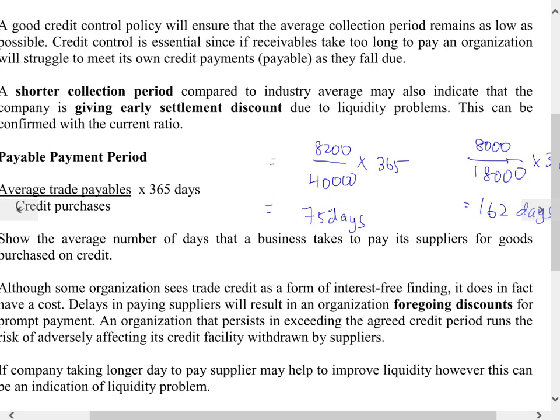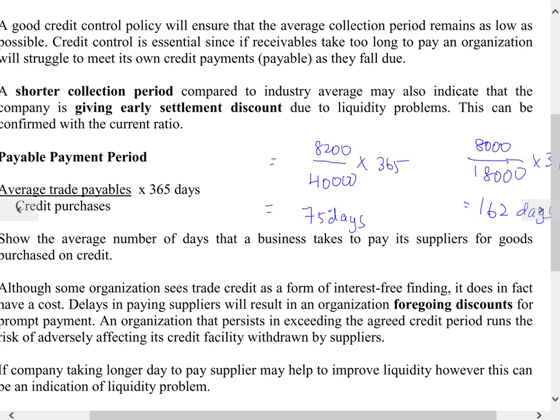The supplier may not be happy, withhold the goods, increase the price, withdraw the credit status, meaning they want us to pay cash. One reason why our cash flow is so healthy could be this as well. We hold off our payment, so it improves our company's cash flow. But the moment the supplier asks us to pay immediately, that's when we may face some liquidity problem.